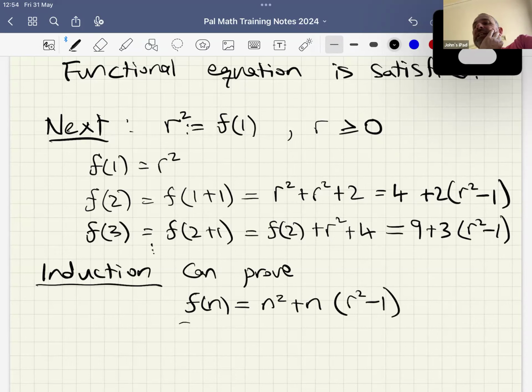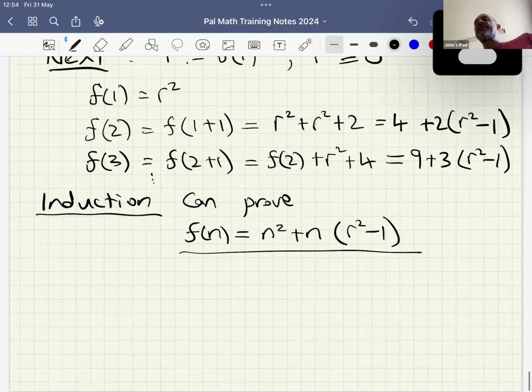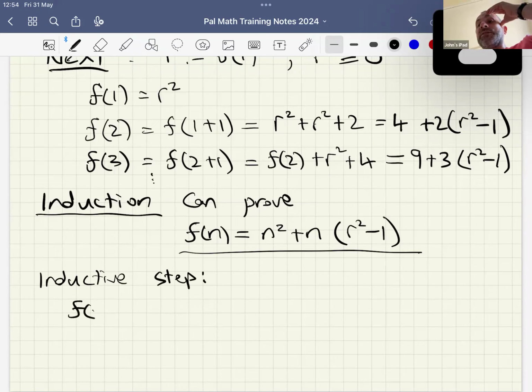So let's just check that this satisfies that if we prove it for f of n, we can prove it for f of n plus 1. So the inductive step: f of n plus 1, we know, is f of n plus f of 1 plus 2n plus 1.